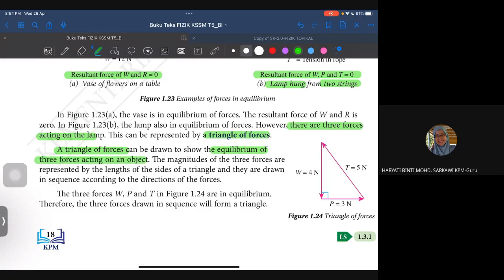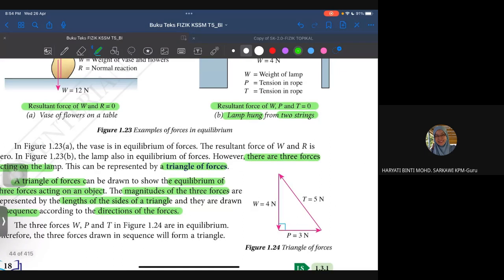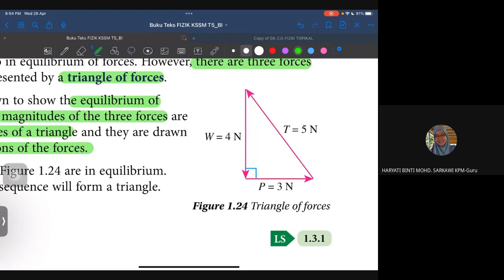When we draw the diagram, the magnitudes of the three forces will be represented by the lengths of the sides of the triangle, and we need to draw them in sequence, according to the direction of the forces. So we don't change the direction. You can see, this is an example of the triangle of forces acting on the lamp just now.